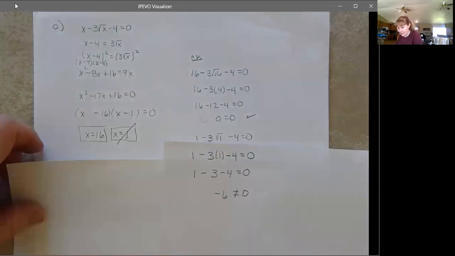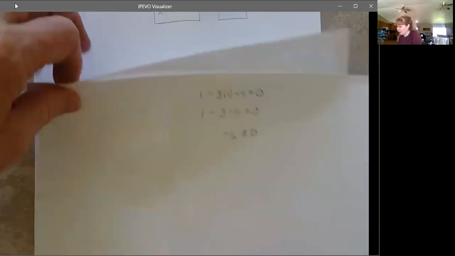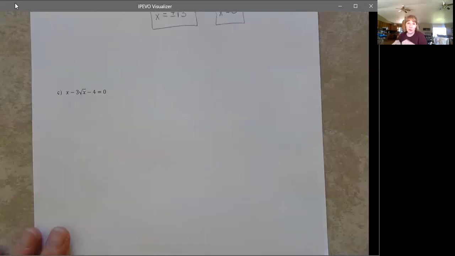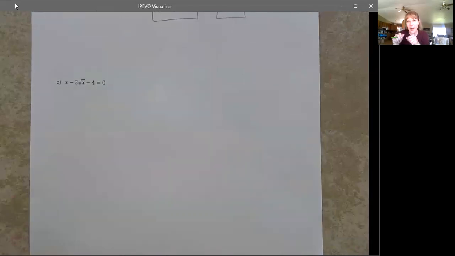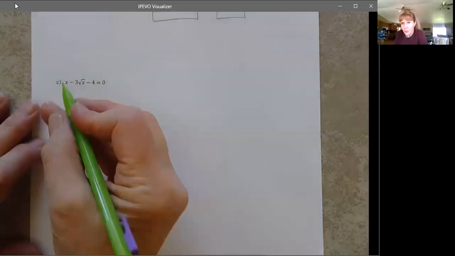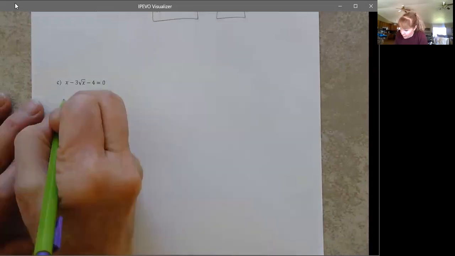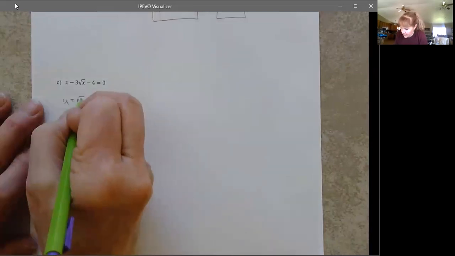All right, so let's go through this using substitution. Rather than isolating the radical and squaring both sides and factoring and checking, we're going to use u substitution. You let your u equal the middle term without the coefficient. So our u is going to be equal to the square root of x.